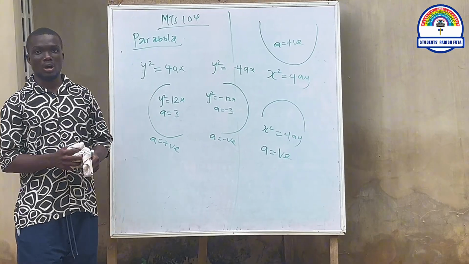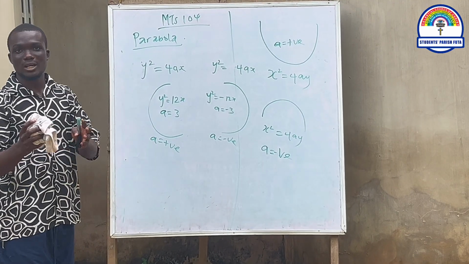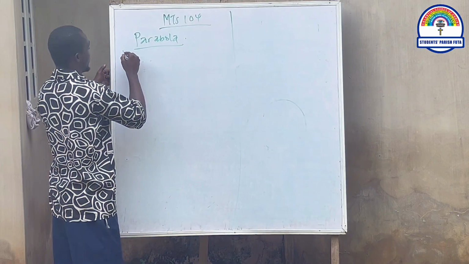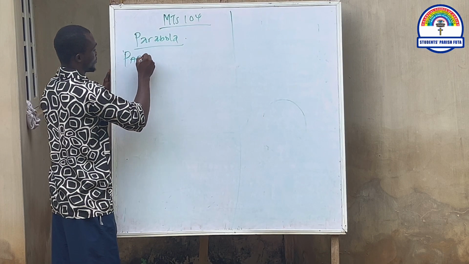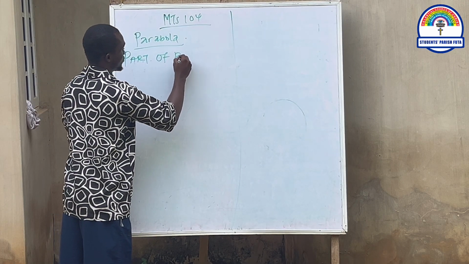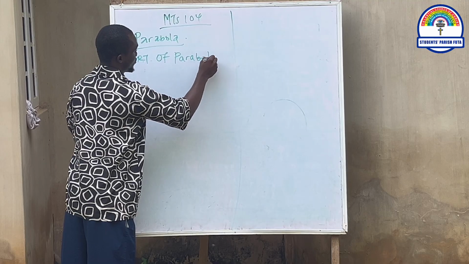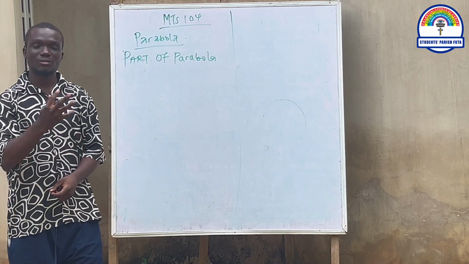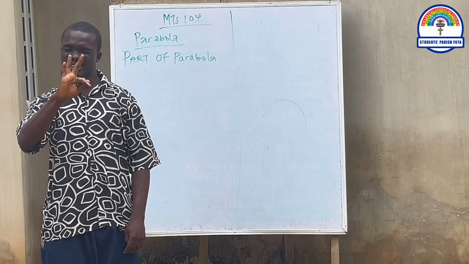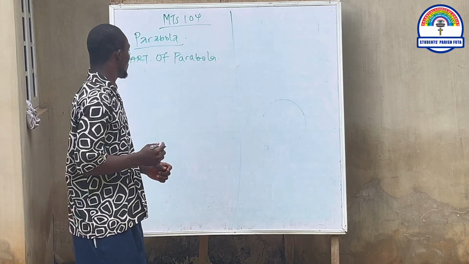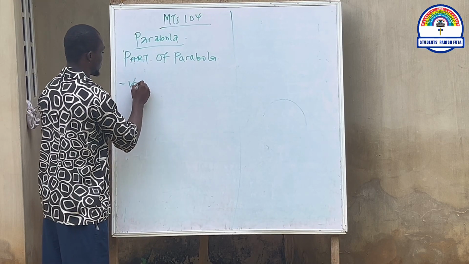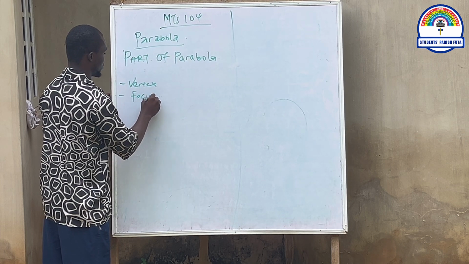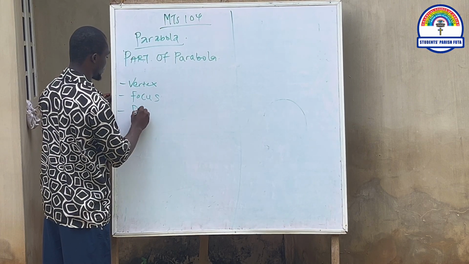All right, now, having known this, let us look at the parts of a parabola. As far as a parabola is concerned, we have 3 parts: the vertex, the focus, and the directrix.